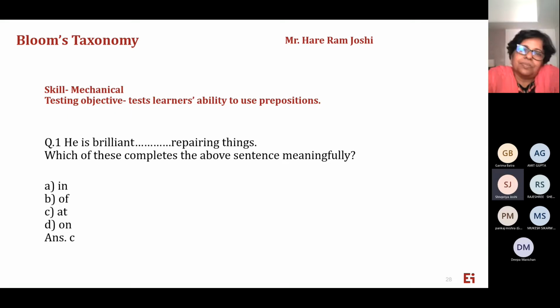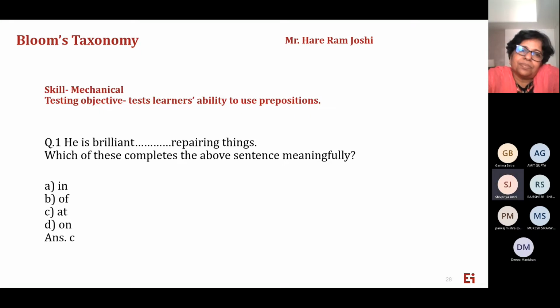I have tagged it as mechanical because the students recall the exact preposition used after the word brilliant in this situation.